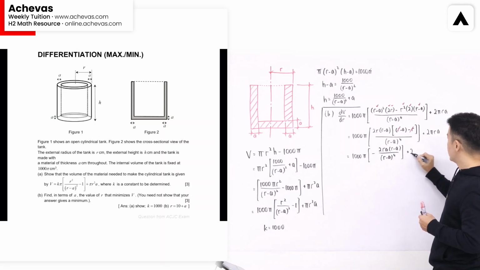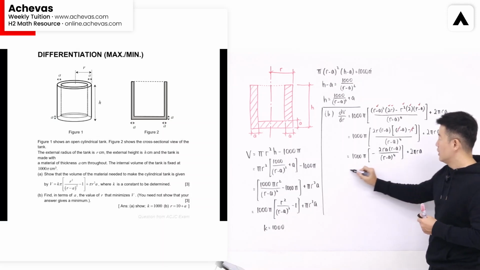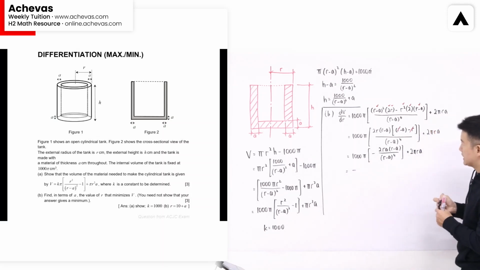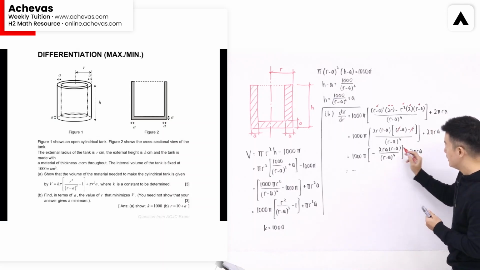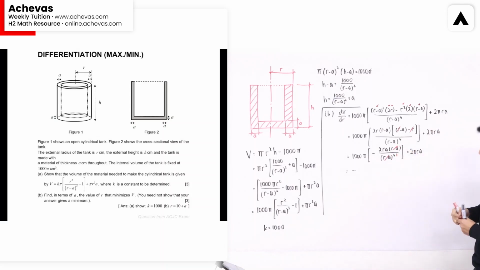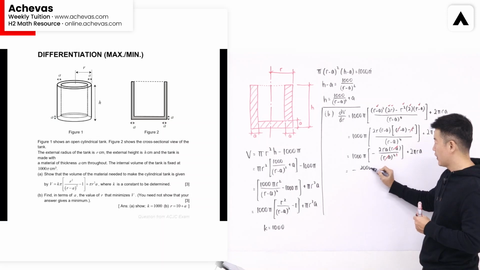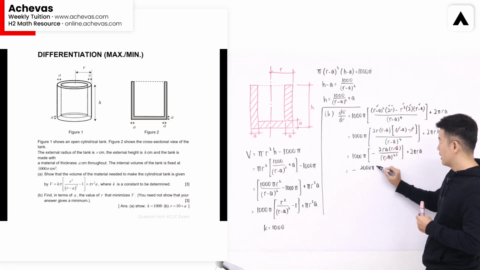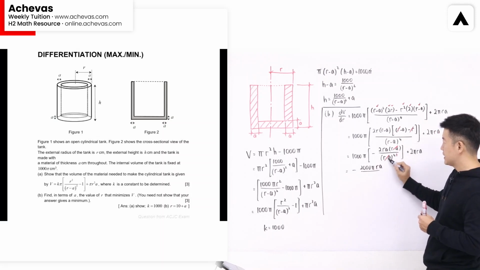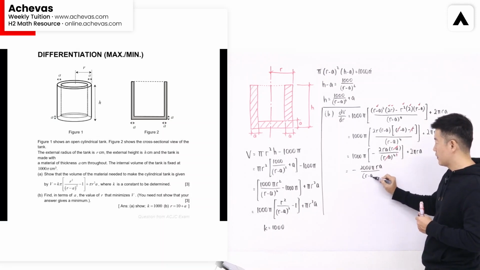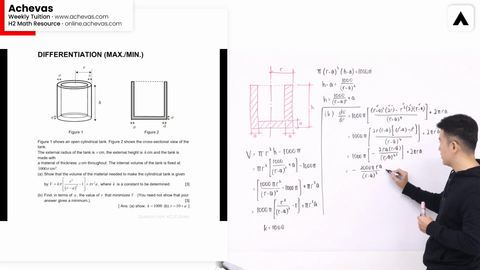So it will be this plus 2 pi r a. So (r minus a) here can be cancelled, giving me a power of 3. So this will be minus a, 1000 times 2 is going to be 2000 pi. So this will be r a divided by (r minus a) cancelled, leaving me with (r minus a) to the power of 3 in the denominator.